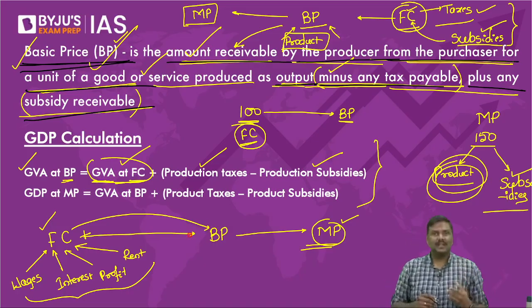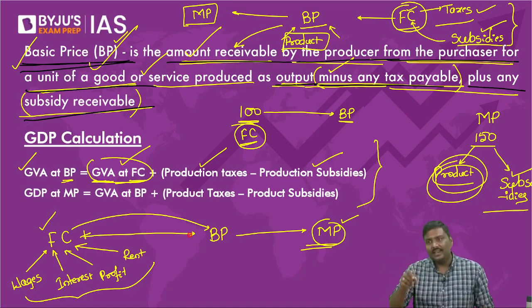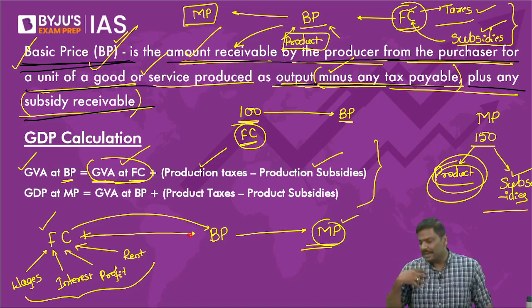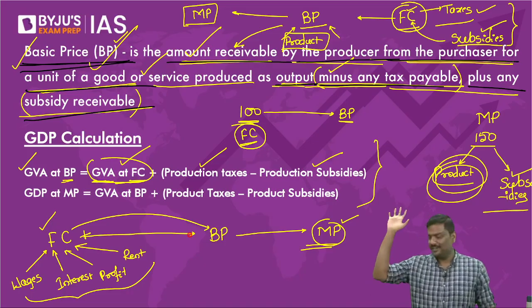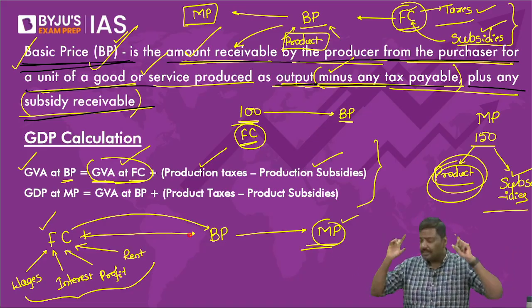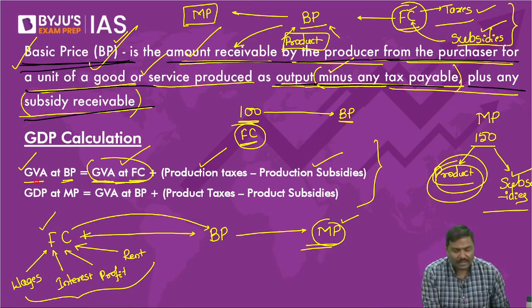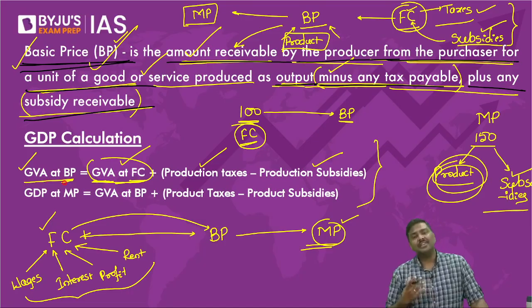Basic prices. And that is not just any basic prices. It is basic prices where we are simply calculating value addition. We are not calculating every good and service here. So we will arrive at gross value addition at basic prices.